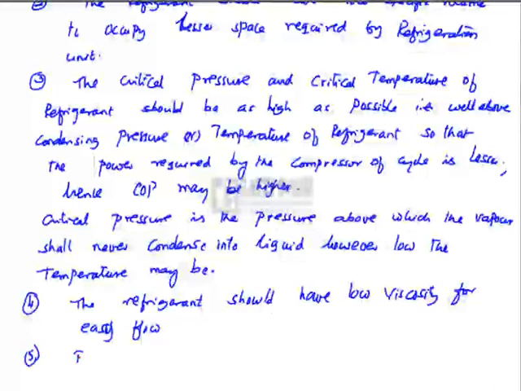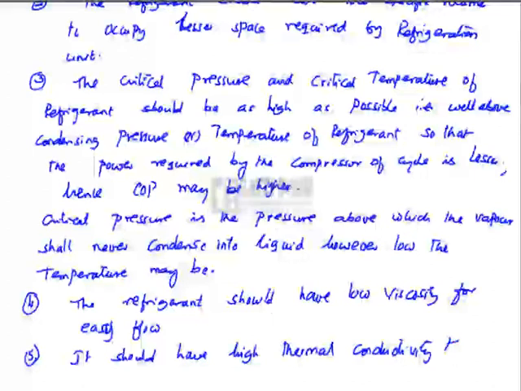It should have high thermal conductivity, k, to have better heat transfer, better convection heat transfer coefficients in the evaporator and in the condenser. The refrigerant should have a good value of the thermal conductivity.